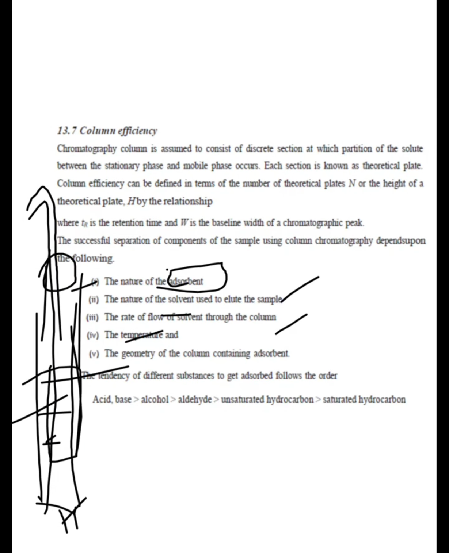Further, it depends on the temperature and the geometry of the column containing the adsorbent. With different adsorbents, we can separate acids, bases, different alcohols, aldehydes, unsaturated hydrocarbons, and saturated hydrocarbons.